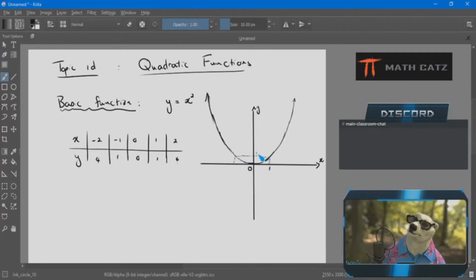Not the same scale. If I plug in a 1, I'll get a 1 there. If I plug in a 2, I'll get 4 from that, and -2. So I have these points, and of course there's a bunch of them in between. All right, so I have my parabola. That should look fairly familiar.